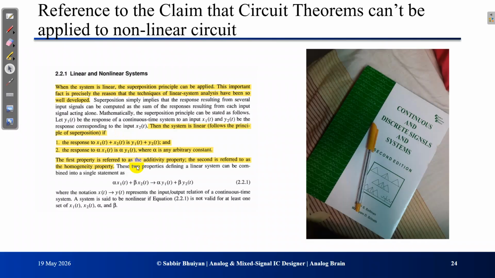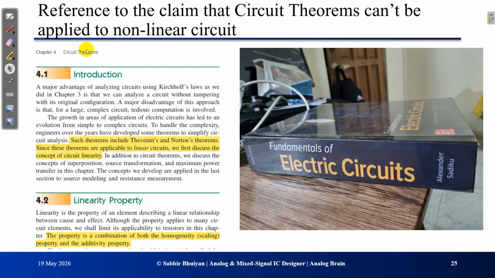Let's go to the next slide. This is a circuit book, Fundamentals of Electric Circuits by Alexander and Sadiku, Chapter 4, Circuit Theorems. The writer says that such theorems include Thevenin's and Norton's theorems, since these theorems are applicable to linear circuits. We first discussed the concept of circuit linearity.